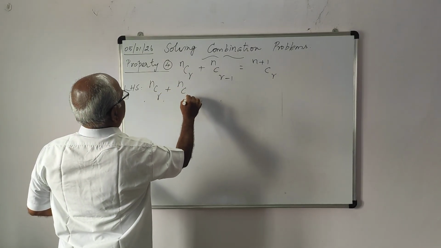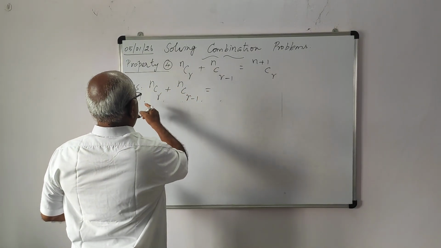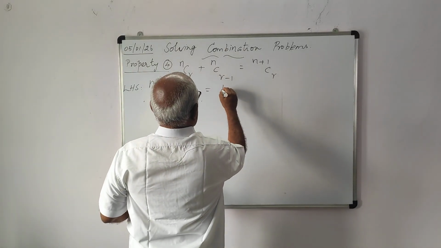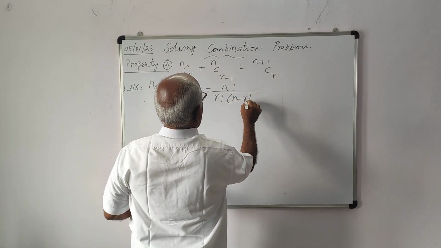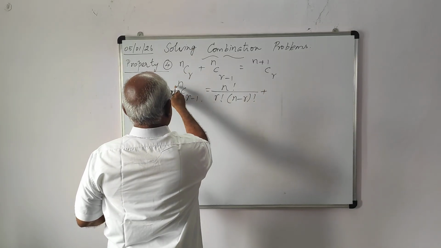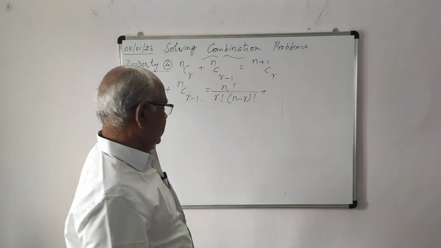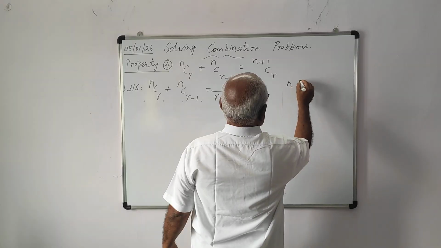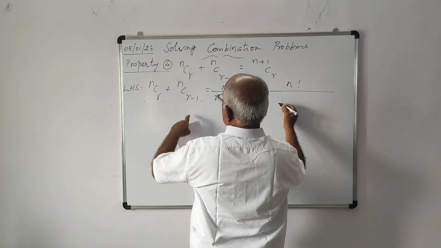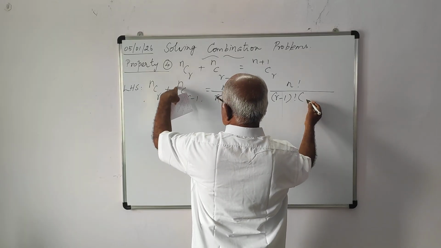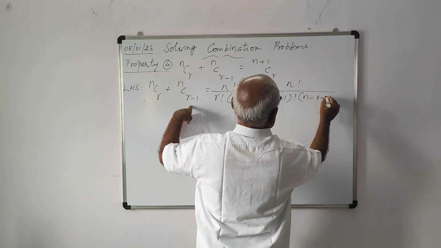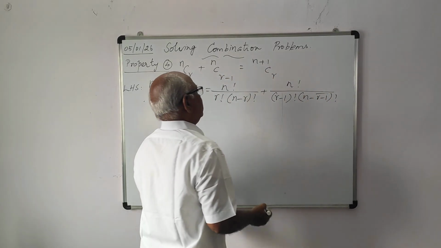plus nCr minus 1. nCr, you know, is n factorial by r factorial into n minus r factorial, plus nCr minus 1 is again by definition n factorial by r minus 1 factorial into n minus r minus 1 factorial.